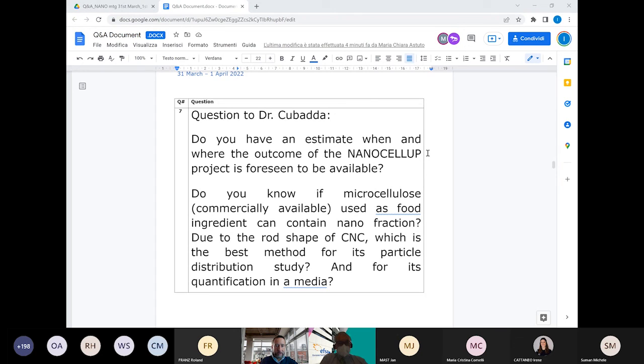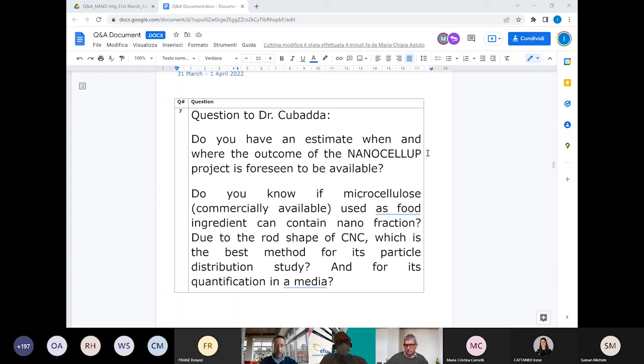The outcome of the nanocellulose project is expected for next year. So we plan, of course, under the supervision of EFSA, who is funding the project, to provide extensive dissemination of the results, and this will be by different routes, which means not only scientific reports of EFSA and scientific publications, but also possibly meetings and other occasions.